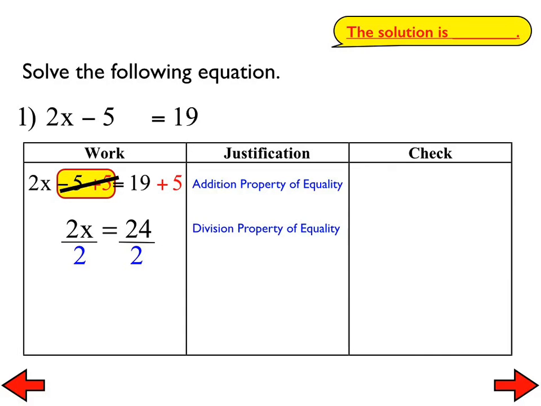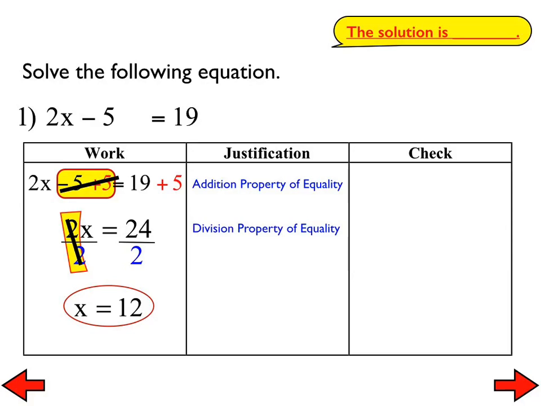Here's how we could abbreviate division property of equality: div, prop, of, EQ. From there, we finish solving our equation and we get x equals 12. So we've solved it in the work column. We've listed the two properties that we used, and it's okay to abbreviate them.